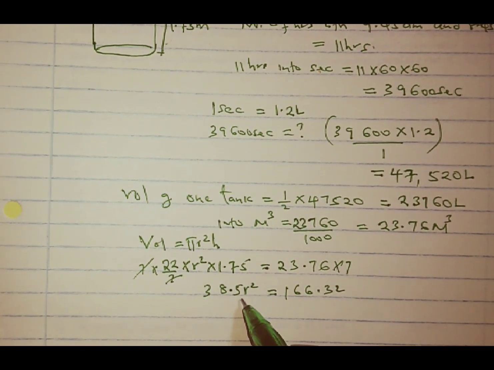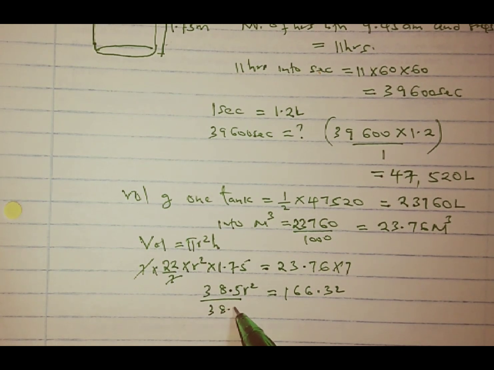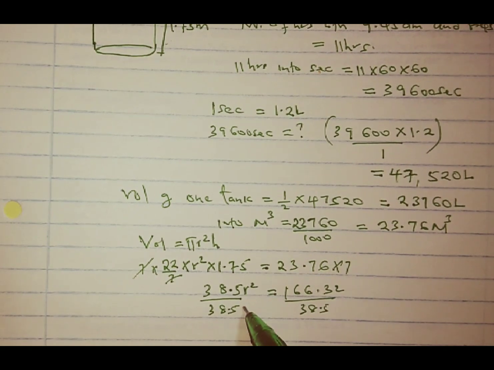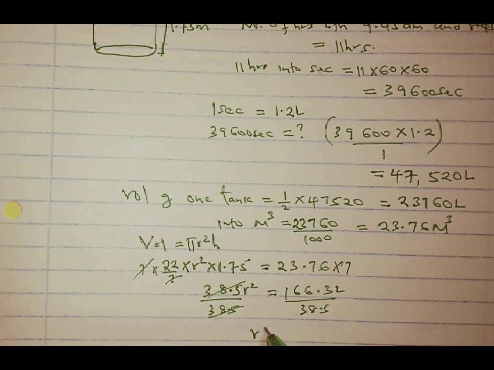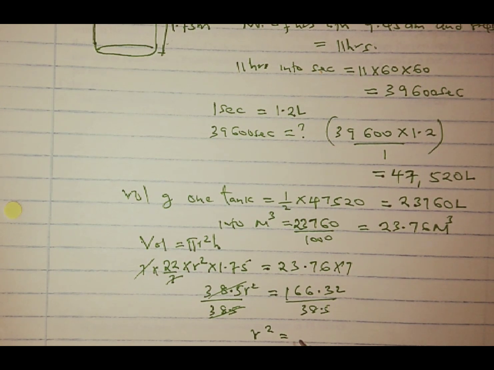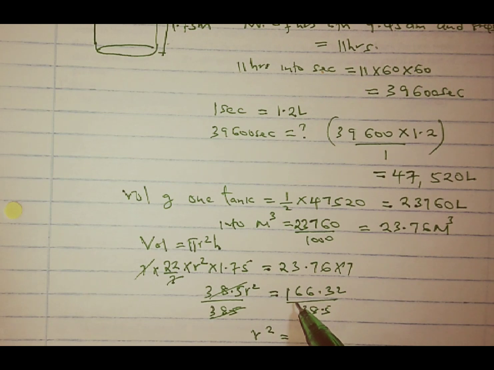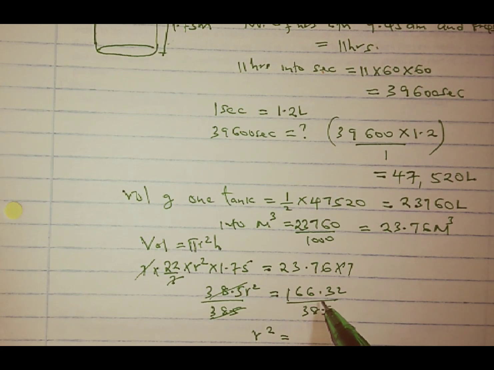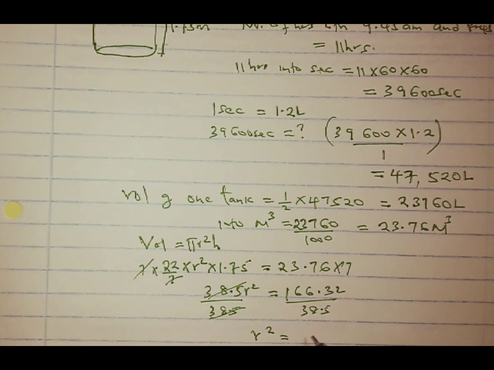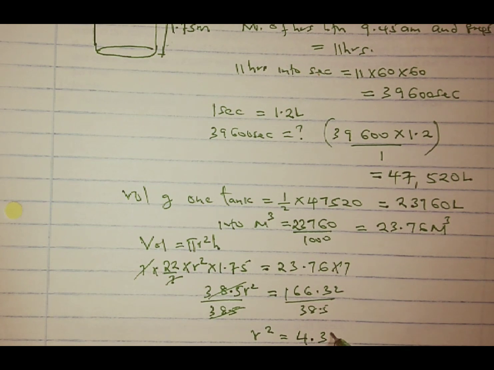For us to remain with radius squared, we divide both sides by 38.5. This and this goes, and our radius squared is going to be equal to 166.32 divided by 38.5, which gives us 4.32.